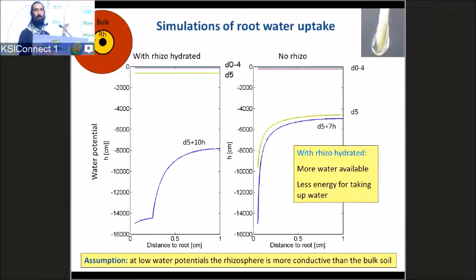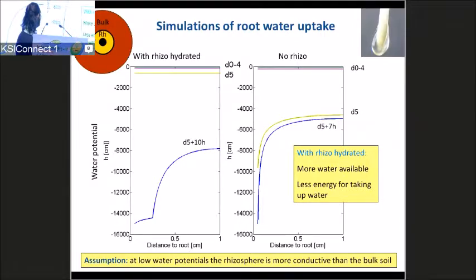This is done at a given constant flow rate. At this point, the blue line, the plant can no longer take up water at that rate. And you see again that these gradients in water potential happen in the very first millimeter.